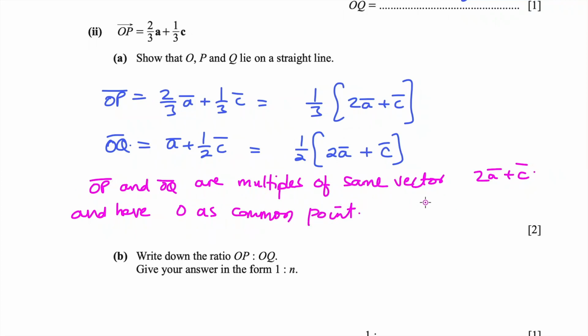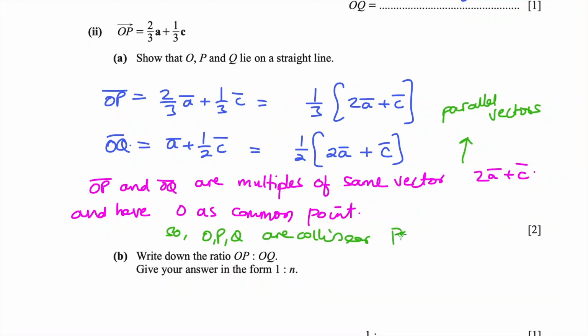So if they are multiples of the same vector, that in itself means they are parallel vectors. And two parallel vectors having the same common point are the same line. So O, P, Q are collinear points because they have a common point. If they don't have a common point, then they are just parallel vectors. But since they have a common point already, they are collinear points.